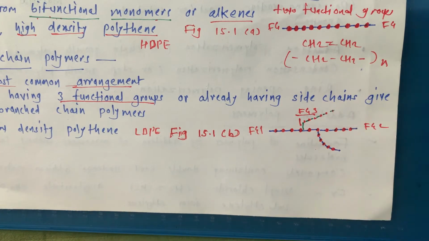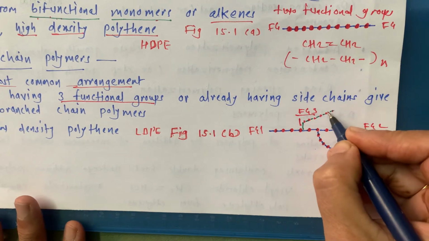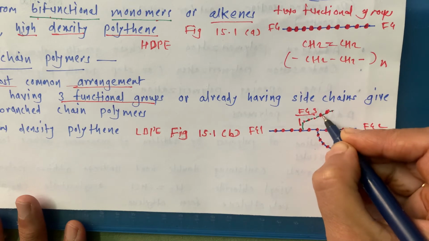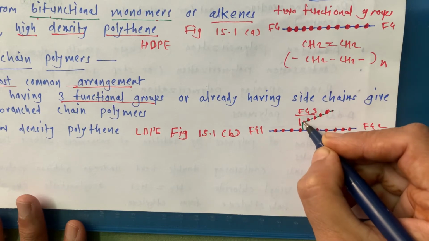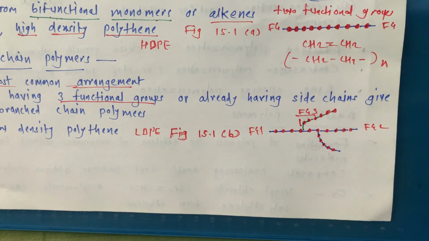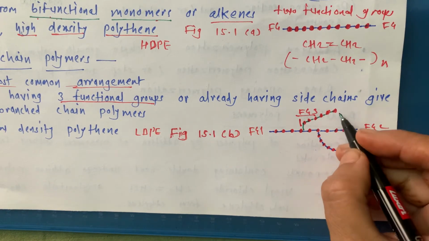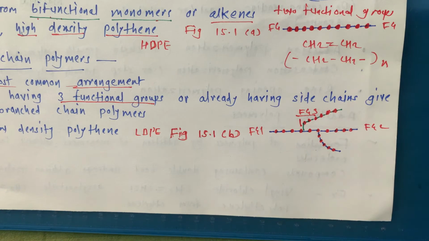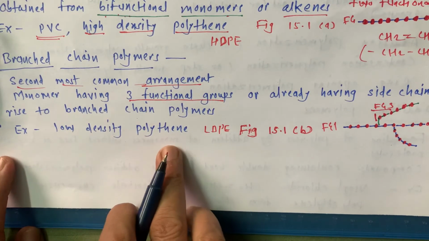And this is due to the third functional group. See here what I explain. Like this, so this is nothing but branch chain polymer. This is branch chain polymer, and this is known as low density polythene.